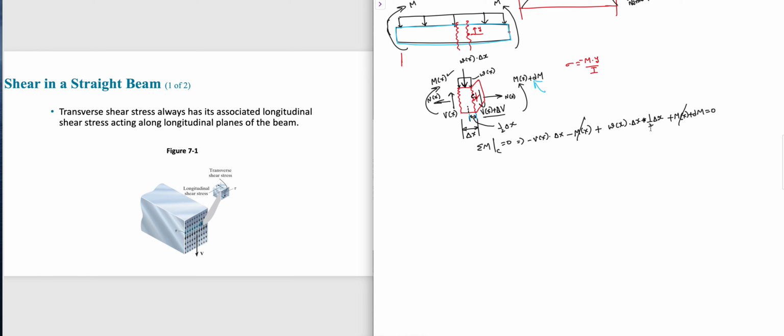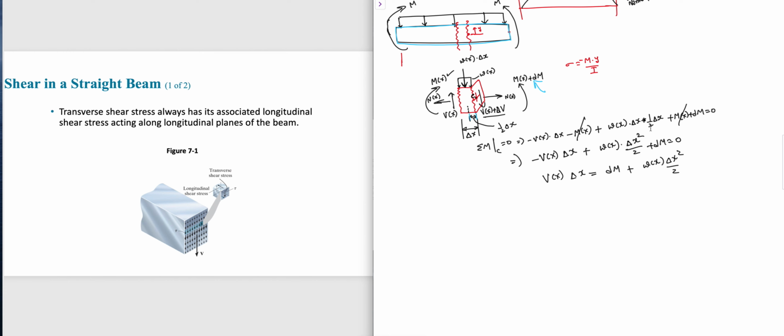And then what we have here? We have negative V of x delta x, then we have plus W of x delta x square over 2 plus dM is equal to 0. So what can we write? Can I write this as V of x delta x is nothing but dM plus W of x delta x square over 2.